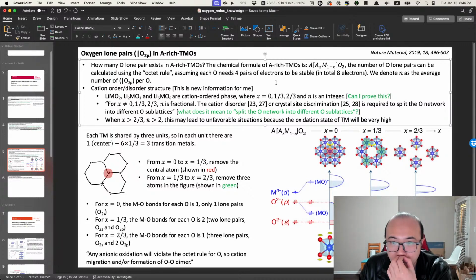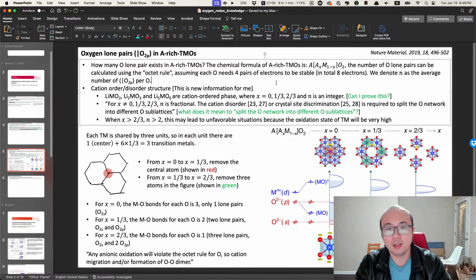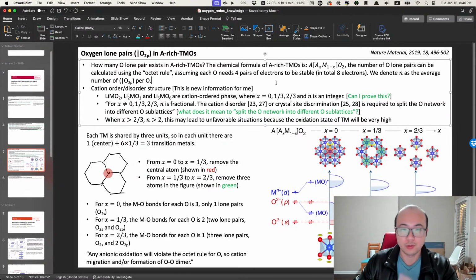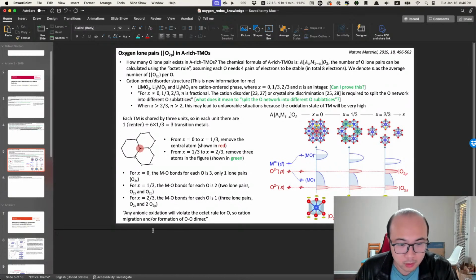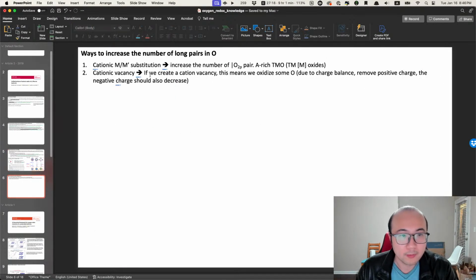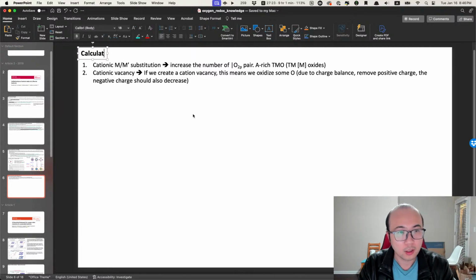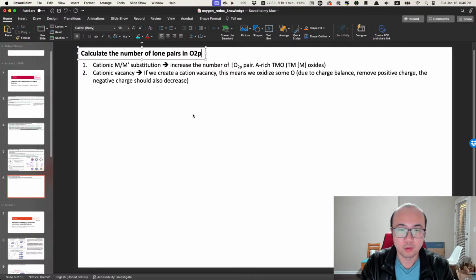So, I'm going to do that in here, it's way too small. Calculate the number of oxygen lone pairs.